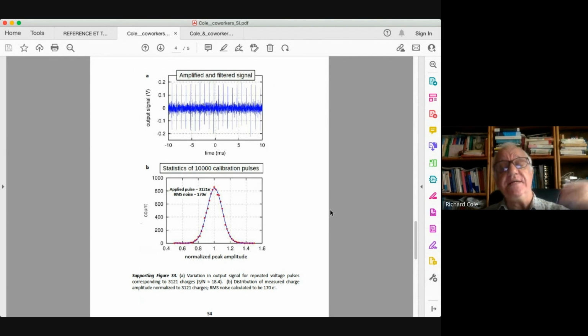So what that means is that as we go up in the number of charges, for example, say we went to 170,000 charges, then our signal to noise would be 1,000. 170,000 charges divided by 170 RMS noise gives us a signal to noise value of 1,000. So the point is, as we go up in charge, our signal to noise quality keeps improving.